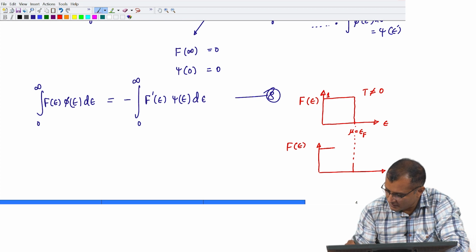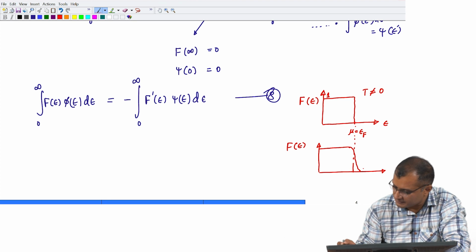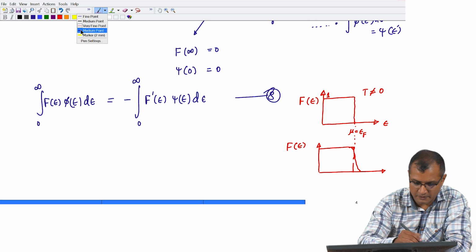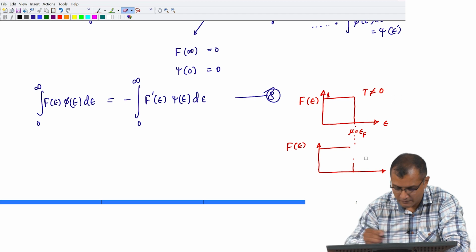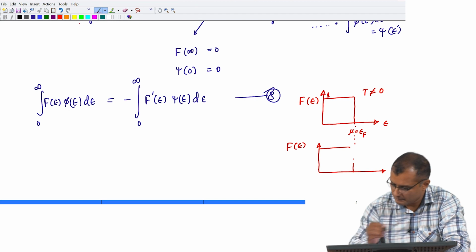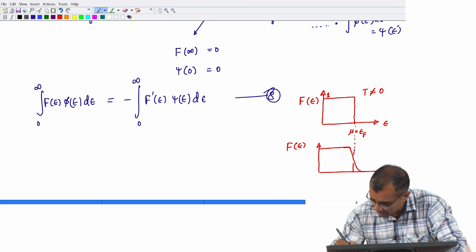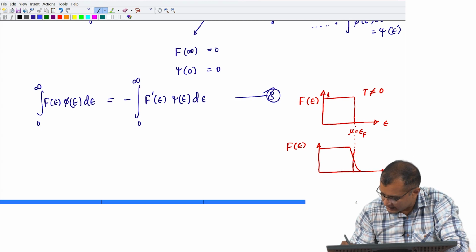So, a small fraction of electrons, of the order T by Tf, are excited above the Fermi surface. I am going to say that this is my excitation. These are precisely the particles that are excited.